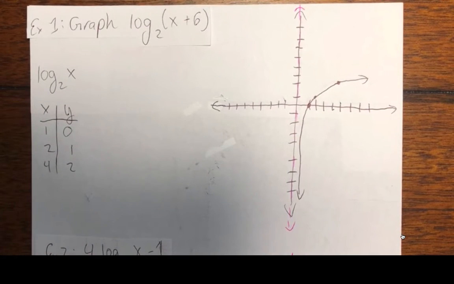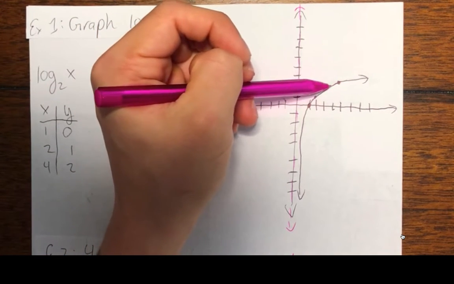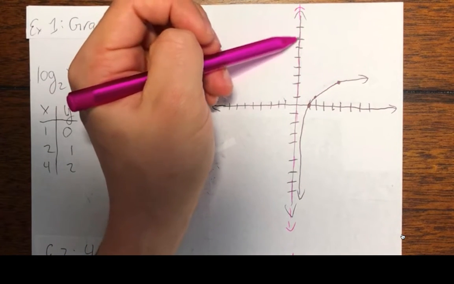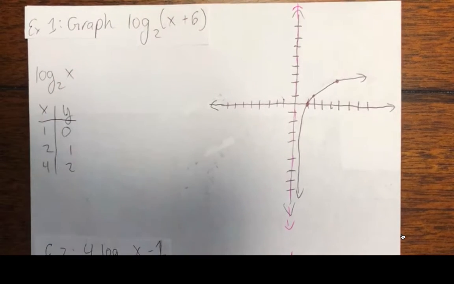So now we're going to figure out what my new graph looks like based on the transformation. We're given the graph for the parent function, along with the asymptote. So we have log 2 of x plus 6. Now we see that plus 6 is inside the parentheses. That means it's within the x.